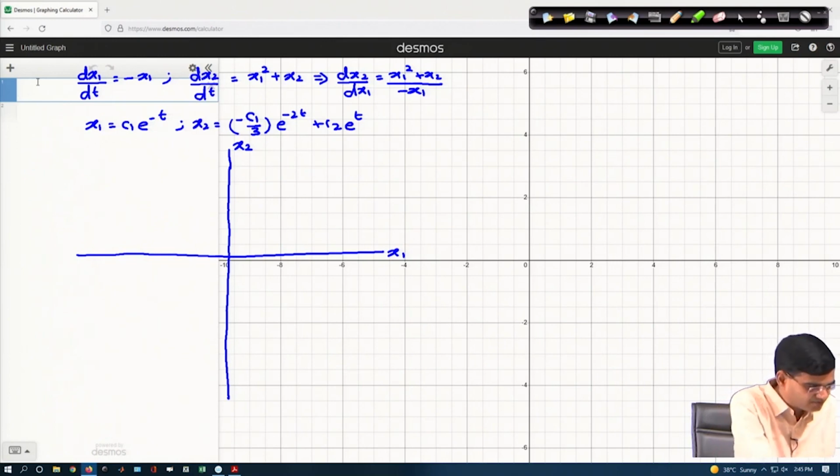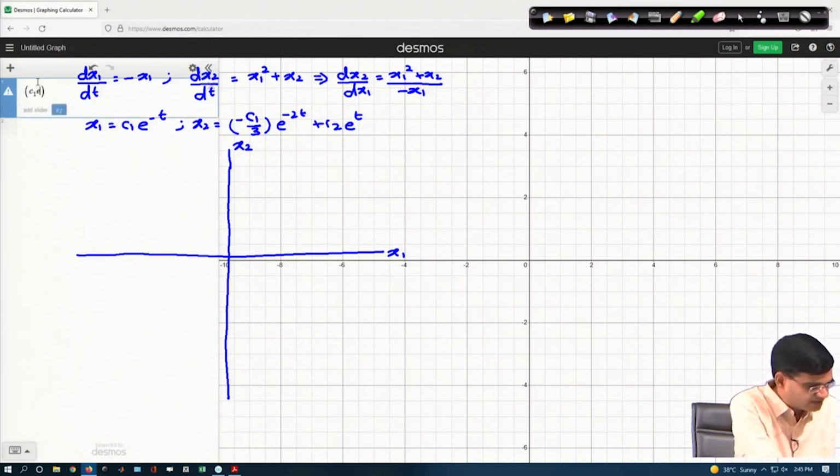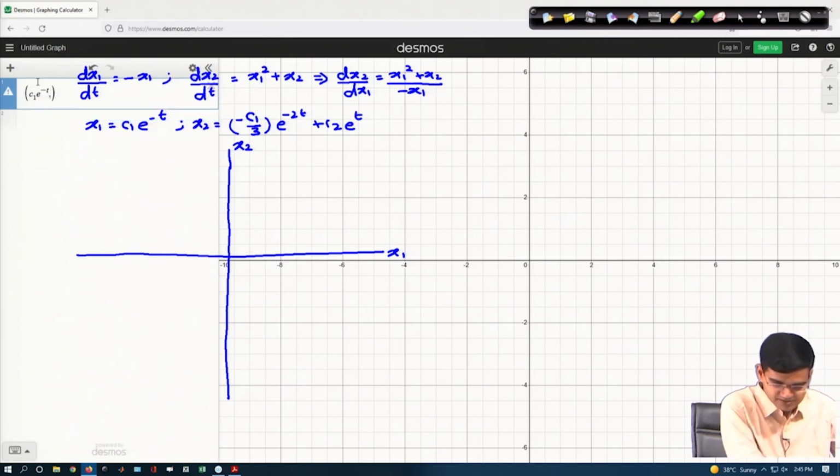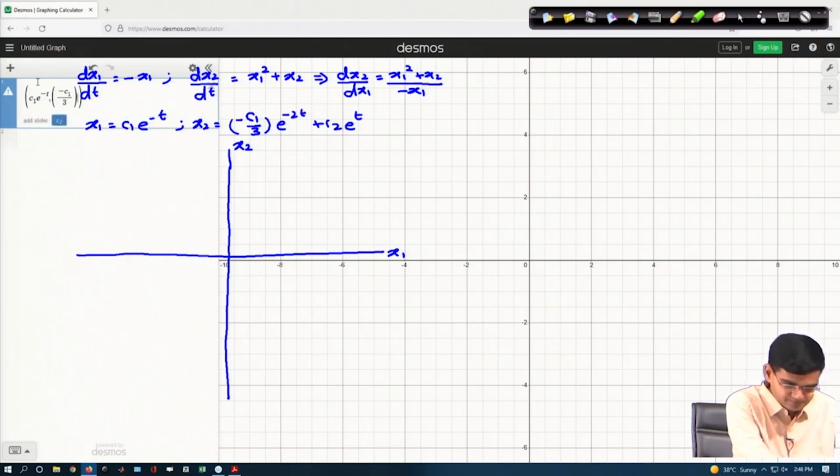The way I would draw a parametric plot is very simple: C1 e to the power minus t, comma, minus C1 upon 3 e to the power minus 2t plus C2 e to the power t.